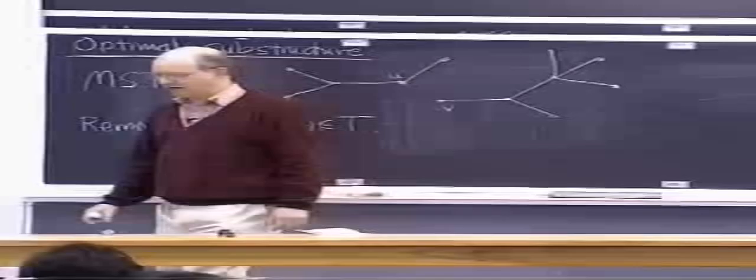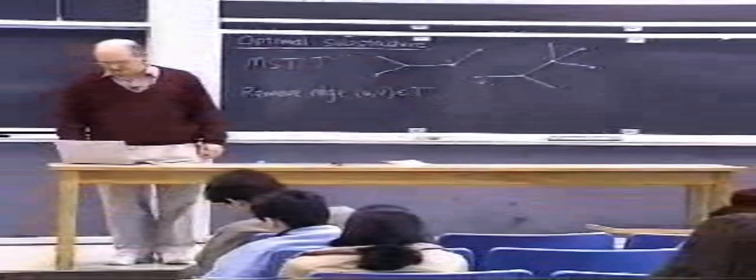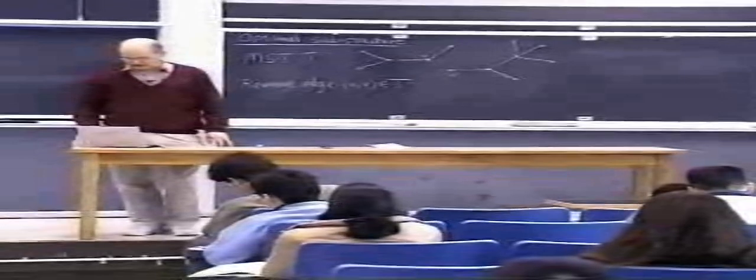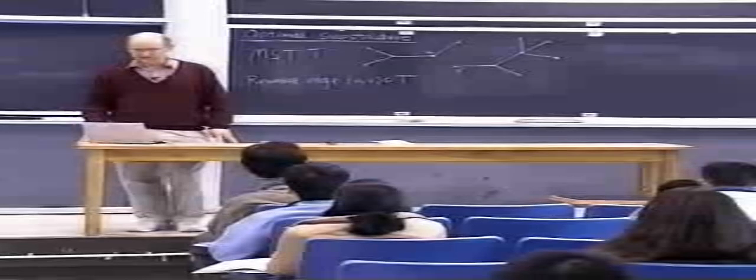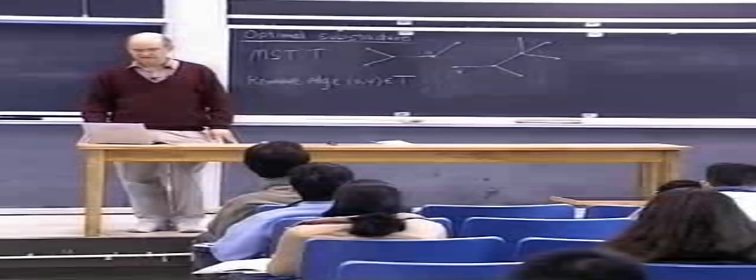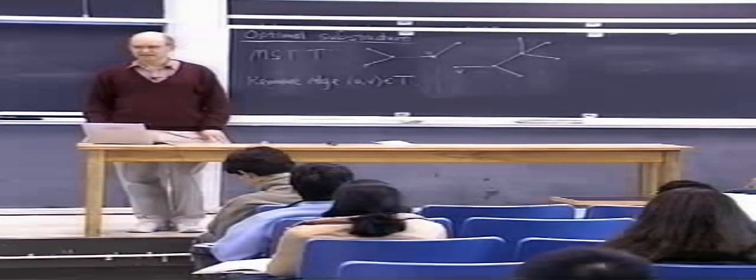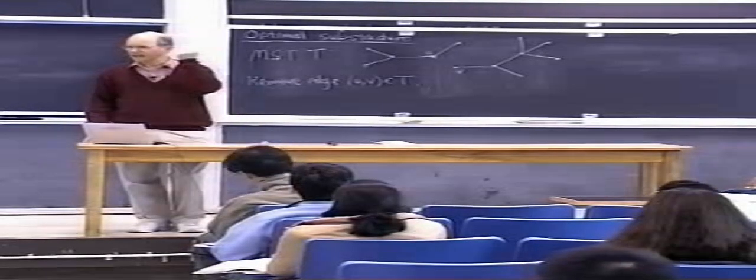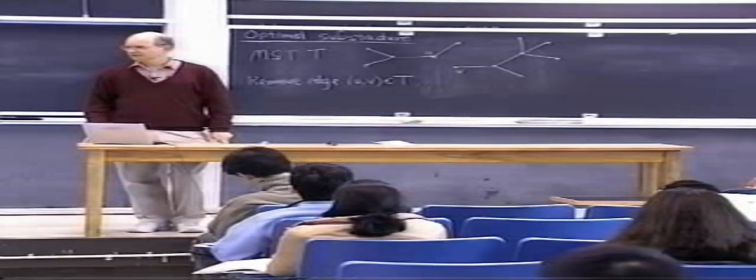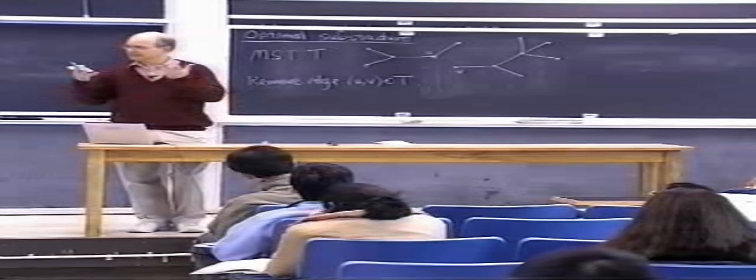What does that do when I remove it? Well, it produces two subtrees. Because whenever you remove an edge from a tree, you get two subtrees. So we'll call these T1 and T2.